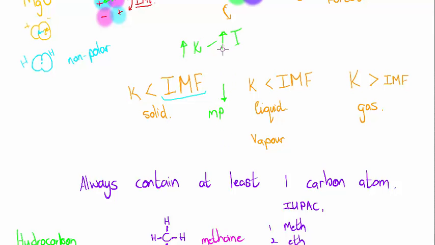Melting point is the temperature at which the particles have enough energy to start becoming fluid. They're still stuck to one another, but they can now move around because they've got enough energy.